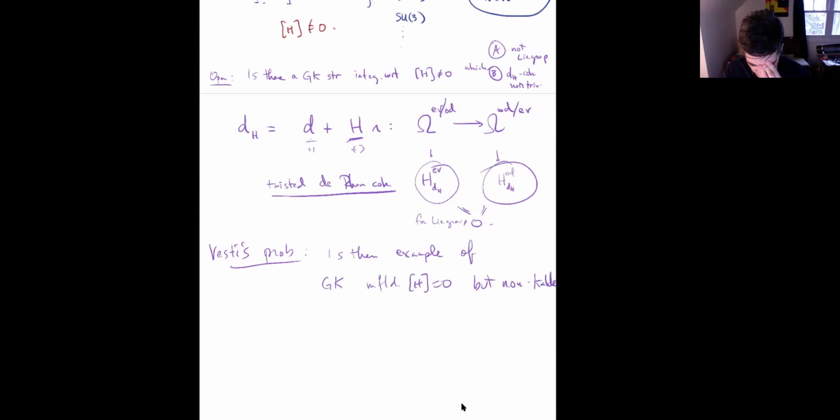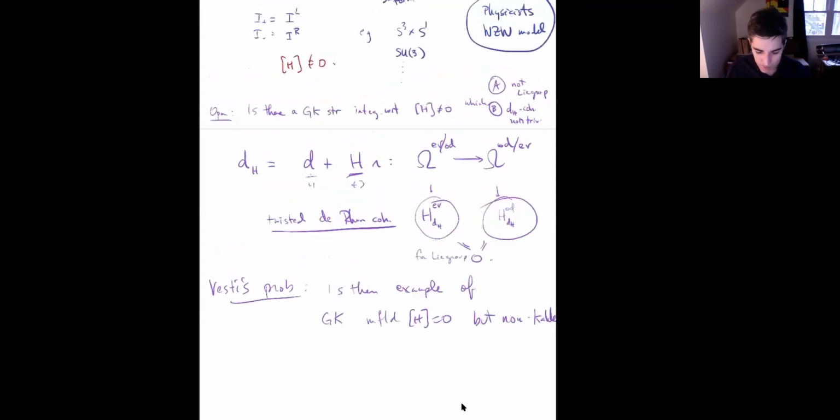Right. It's similar in spirit. I think there is something about this Cartan cohomology that is involved in this. That's right.